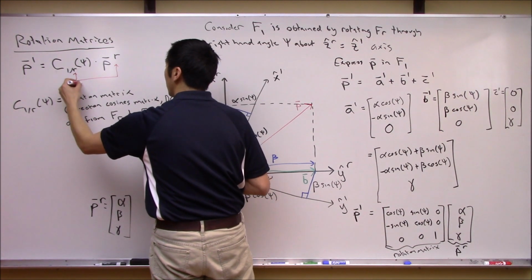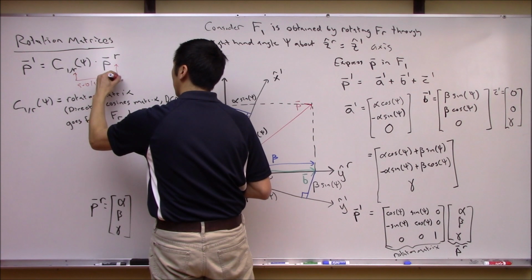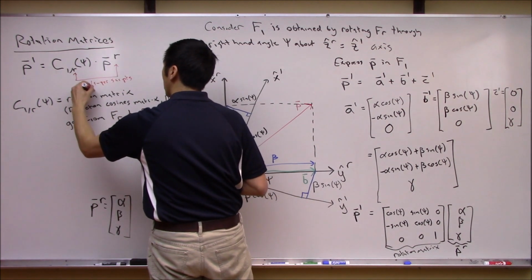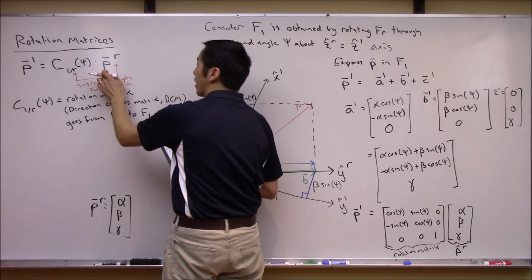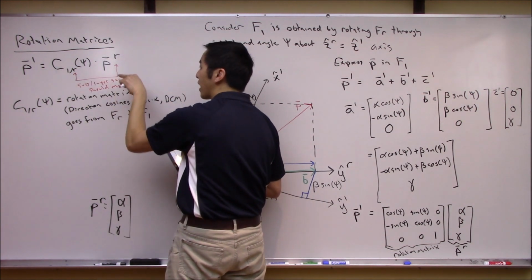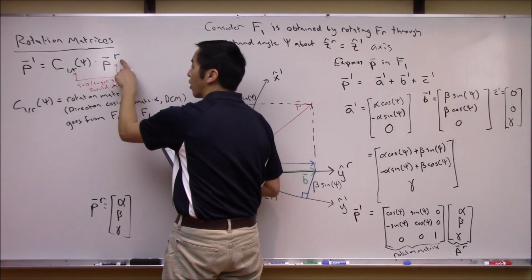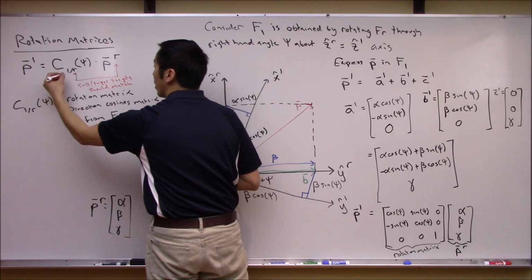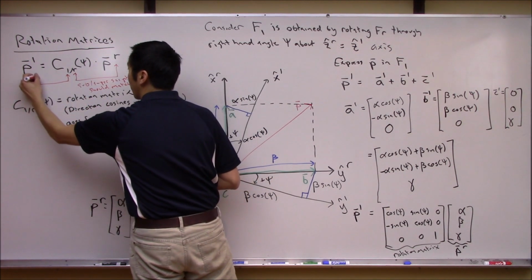So these sub and superscripts should match. That will tell you that this rotation matrix is expecting to be multiplied right next to something in frame R. So this R matches with this R, and the result is going to kick out that exact same vector, but now expressed in frame 1, or the other frame.